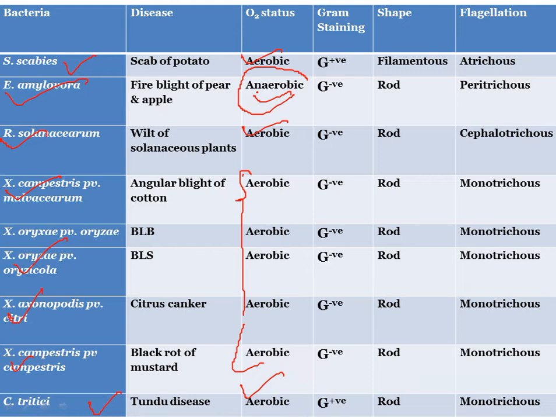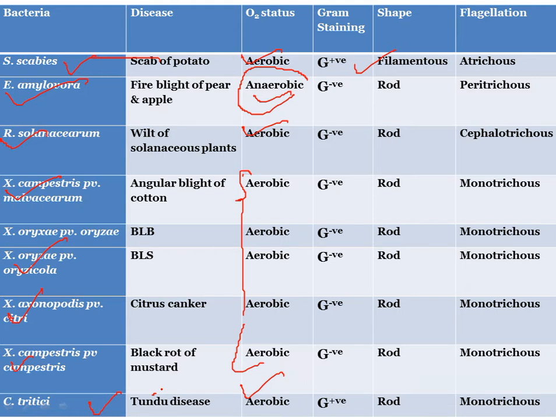When we talk about gram staining, mostly plant pathogenic bacteria are known as gram negative, but some are gram positive. Scab of potato and Tundu disease of wheat, caused by Streptomyces and Clavibacter tritici respectively, are gram positive bacteria.